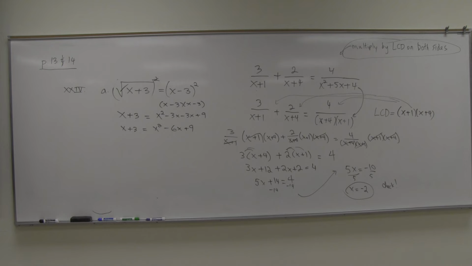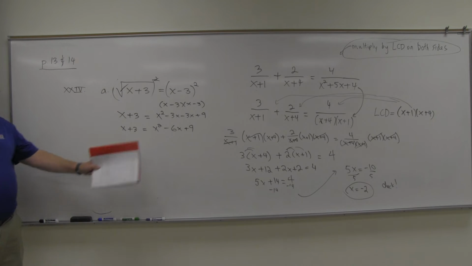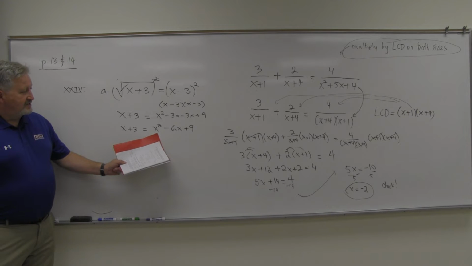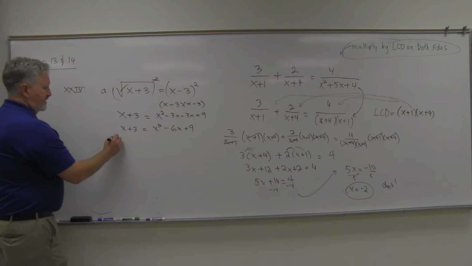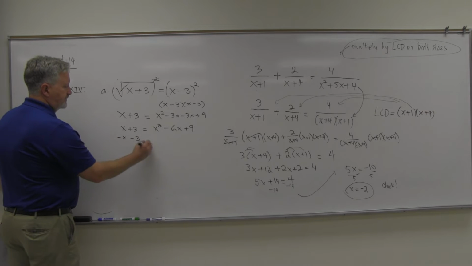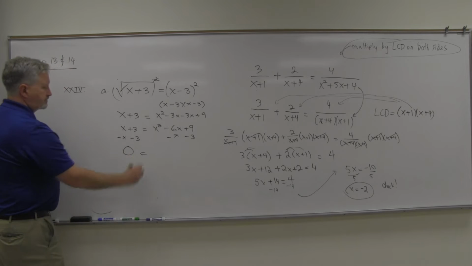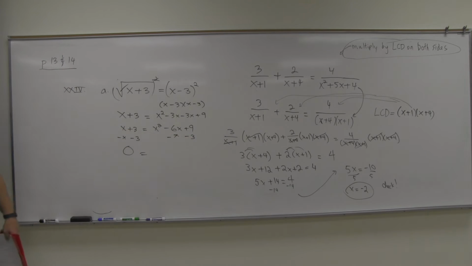So now how do I solve that one? This has a combination of square root and an x squared equation. For this particular x squared equation, you need one side 0, don't you? We'll talk about the other types. So let's make the left side be 0. I subtracted the x and subtracted the 3.